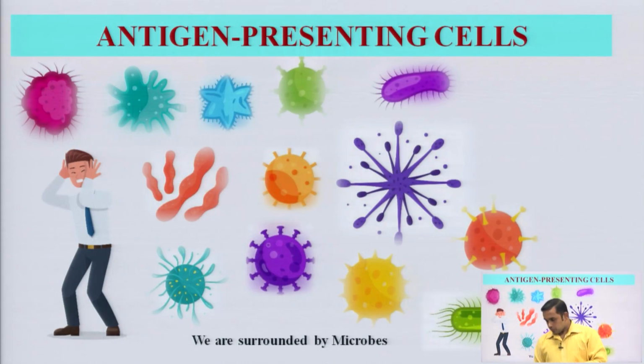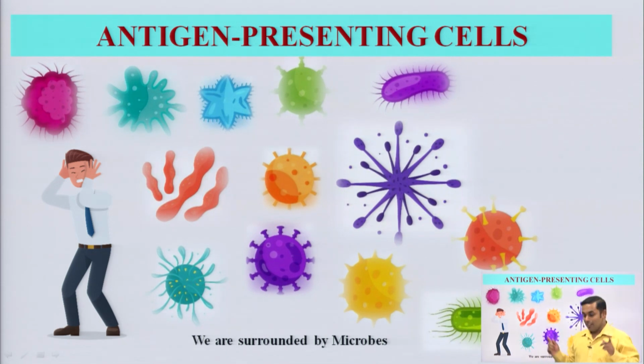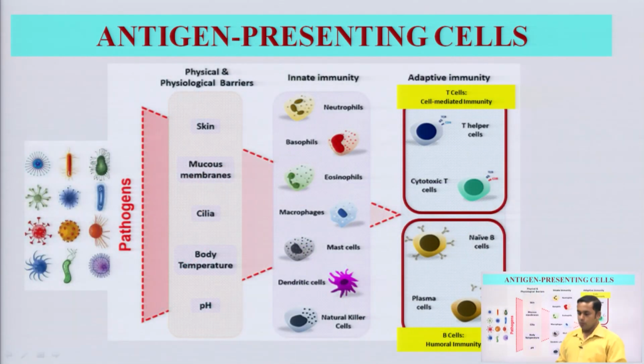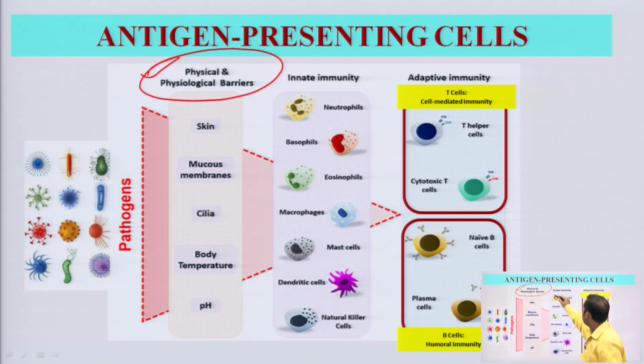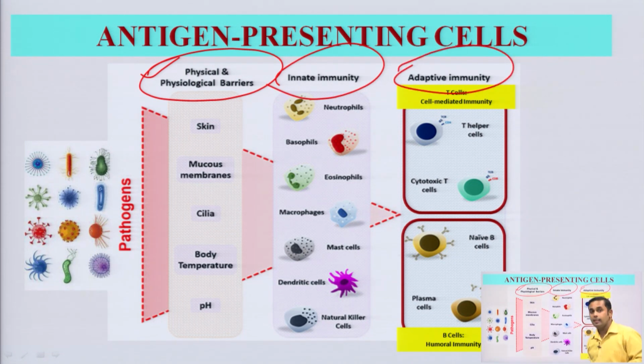Before entering the main concept, I want to remind you that in my first lecture I mentioned that we are surrounded by microbes. If those microbes enter your body, you have the first line of defense, called the physical or physiological barrier, then the second line of defense, called innate immunity, and the third line of defense, called adaptive immunity.